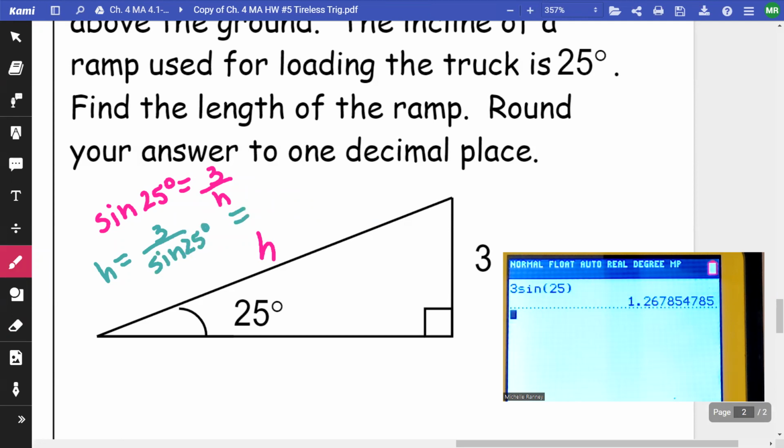I'll get it right eventually. So 3 divided by sine of 25 degrees ends up giving me 7.1. And this was in feet. So this is going to be 7.1 feet. That's going to be our answer.